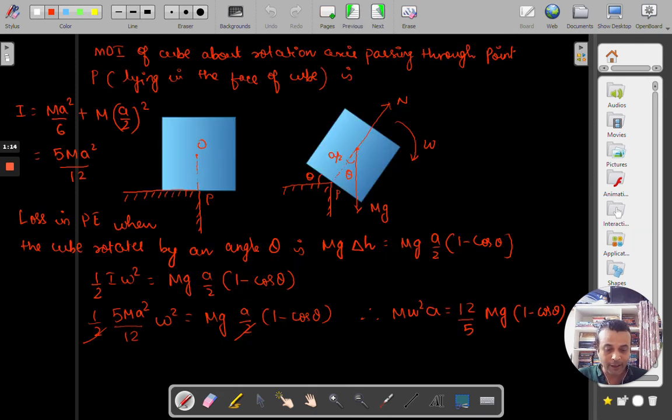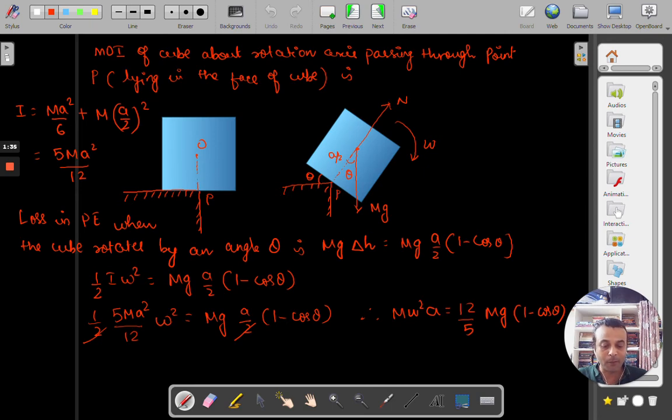As you can see, the cube is rotating about this point P. So we need to find the moment of inertia of the cube about a rotation axis passing through point P lying in the face of the cube.